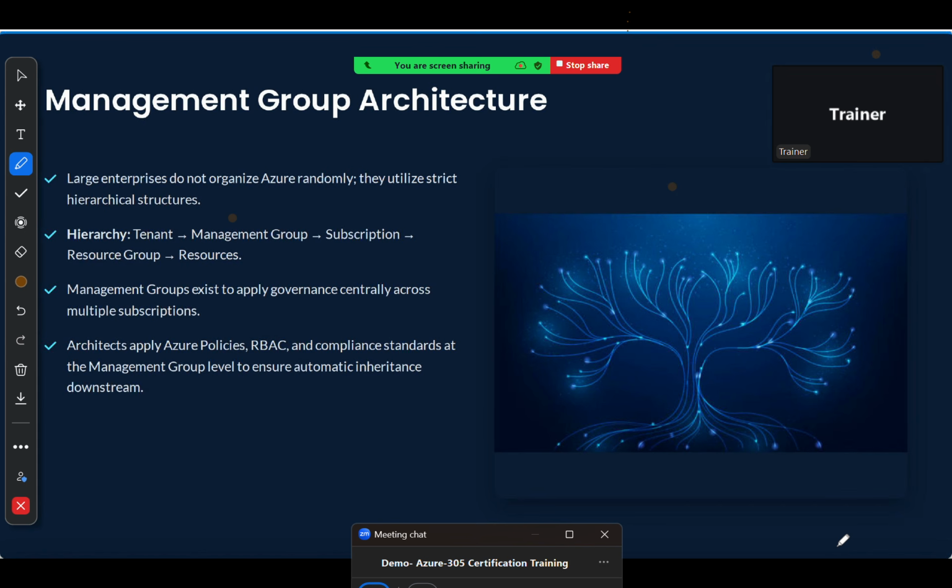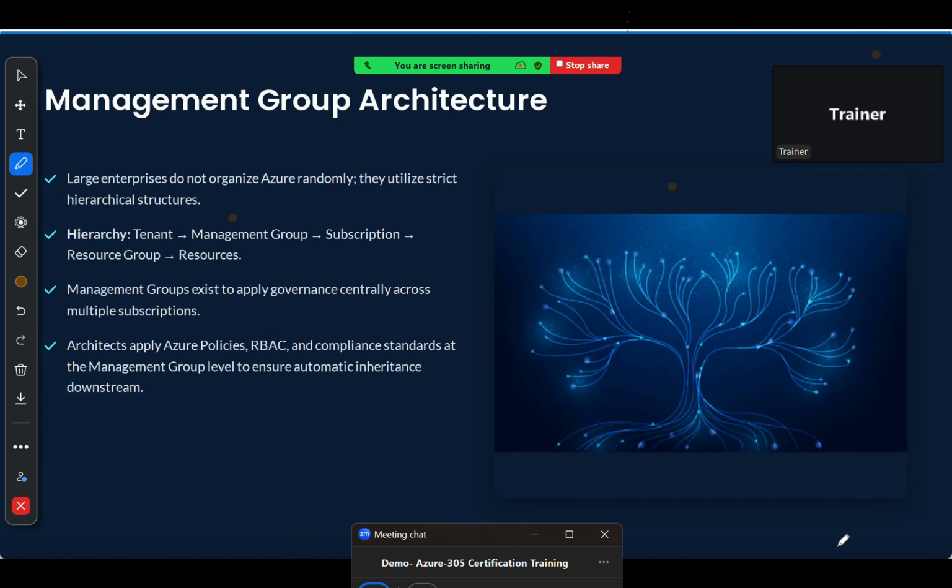Governance is one of the most important responsibilities for an architect. What happens when 500 engineers deploy resources without a standard? That makes chaos. So we need Azure policy to prevent that chaos.